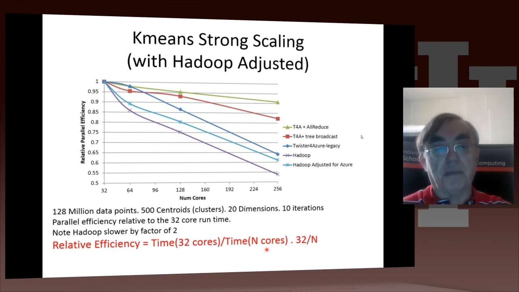And the net result will be very powerful ways of using clouds to do this type of parallel data analytics, of which we've given two examples here of non-trivial iterative MapReduce, K-means and multidimensional scaling, which have rather different operations.